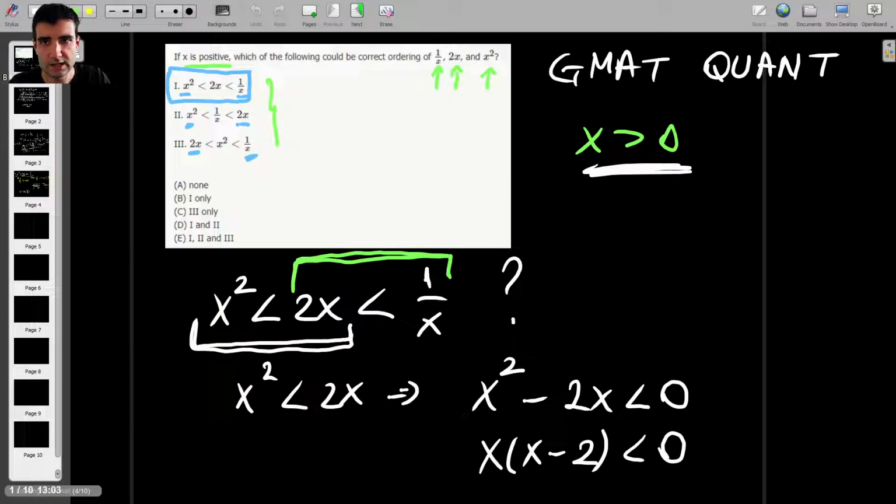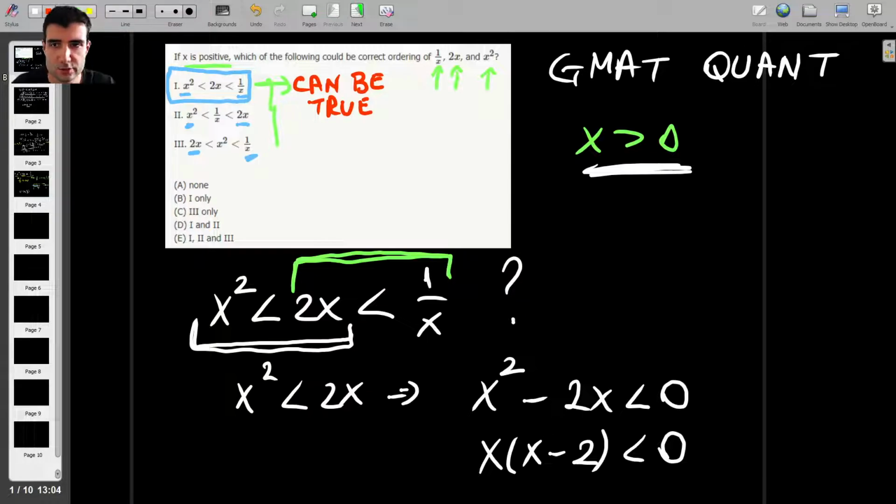In other words, this can, let's use a different color actually, this can be true, right? As long as x is between 0 and root 2 over 2.